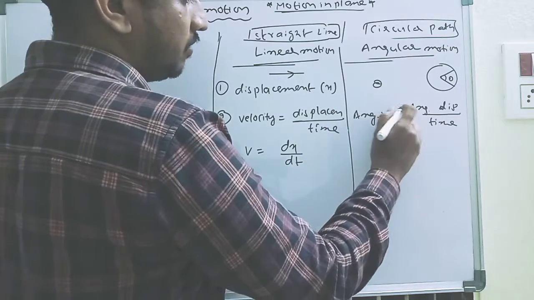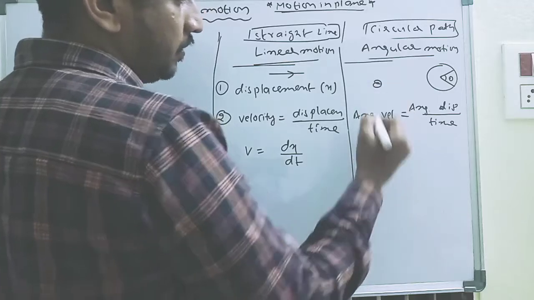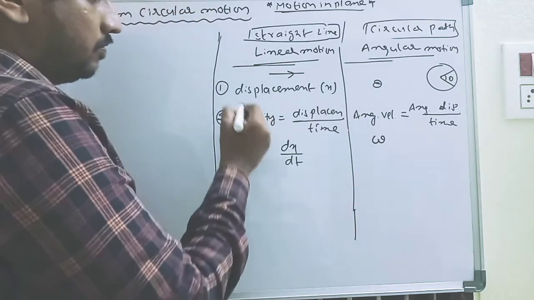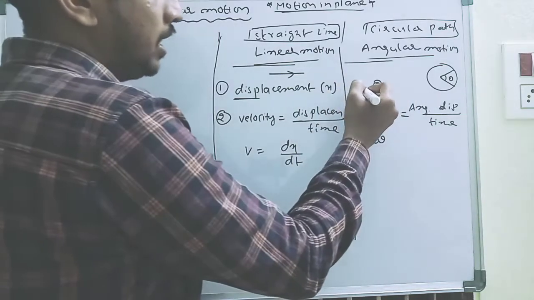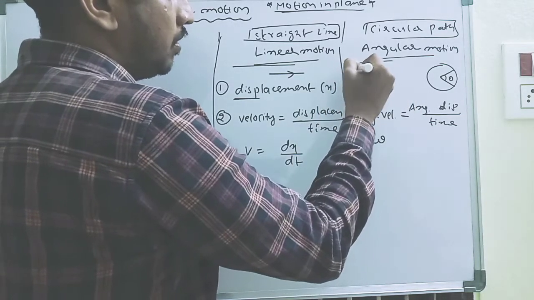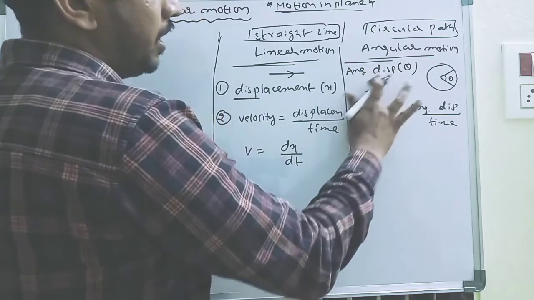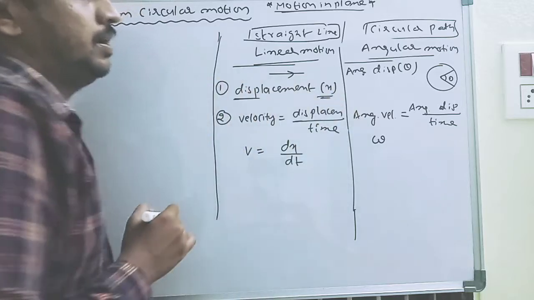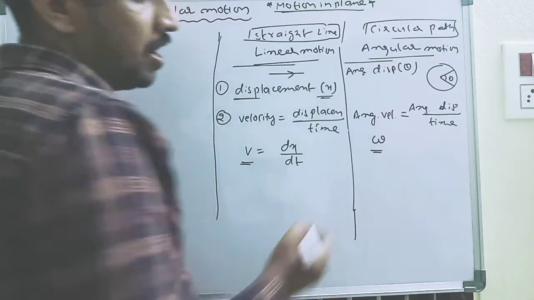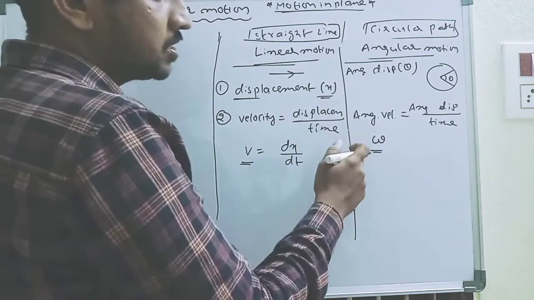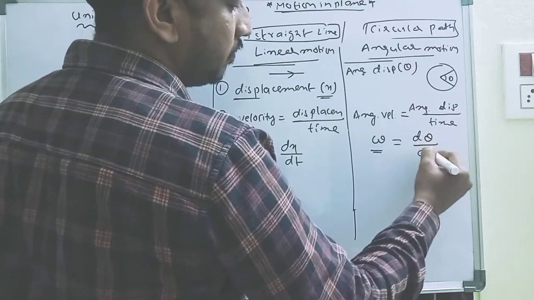Here this is angular velocity, so angular velocity is omega, equal to d theta by dt. Theta is the angular displacement, x is the linear displacement, v is the linear velocity, and omega is the angular velocity.